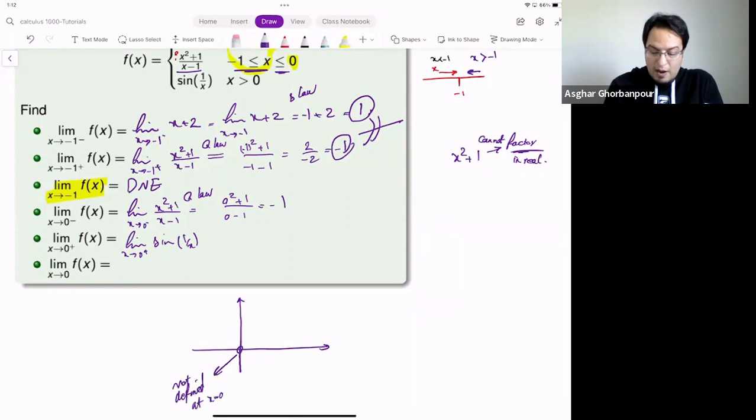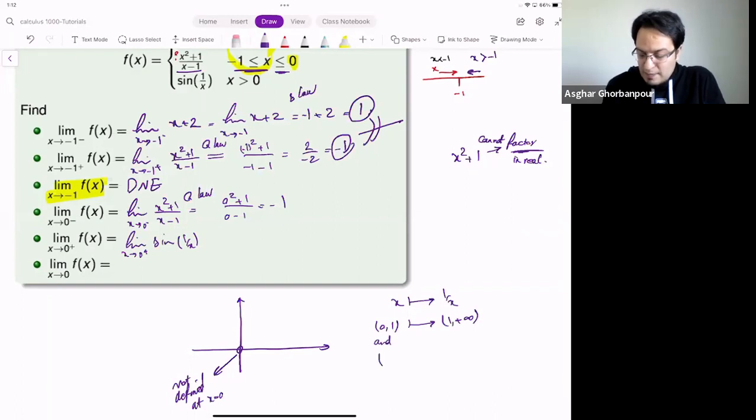But what happens is that when you send x to 1 over x, the interval 0 to 1 will be sent to the interval 1 to plus infinity, and the interval 1 to plus infinity will be sent to the interval 0 to 1.